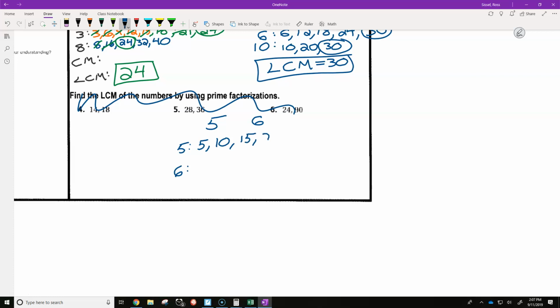No. 20. 25. 30. Yes, 30. And I know my 6s. Even if I didn't identify every multiple of 6, I know for 5 that was the first one because I was checking it as I went. So if you're using this method, that's why a lot of people say, oh, this is too easy.